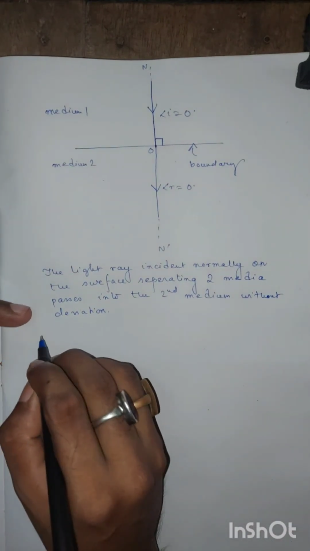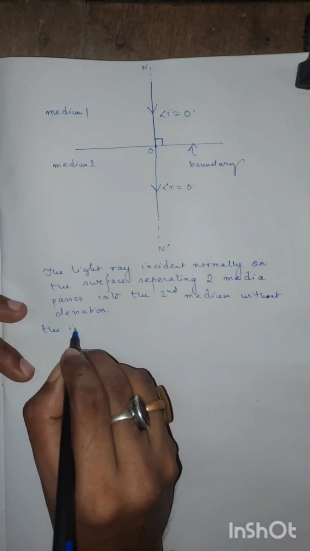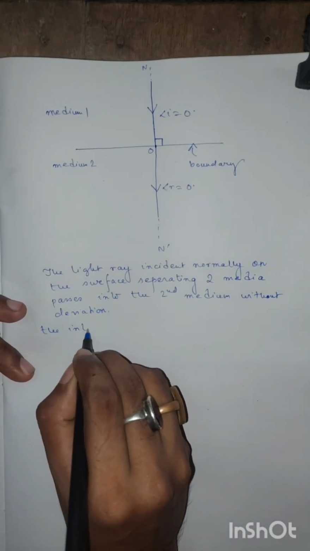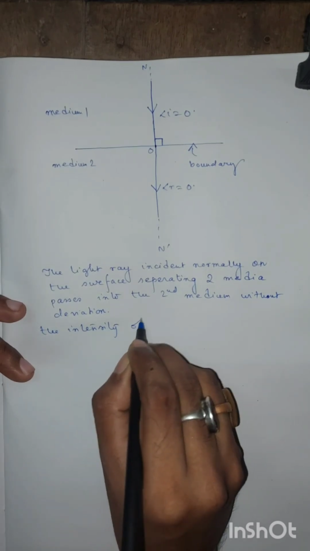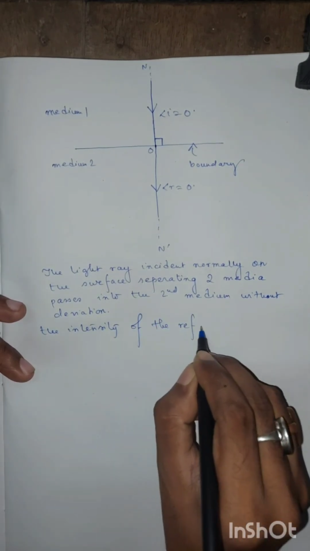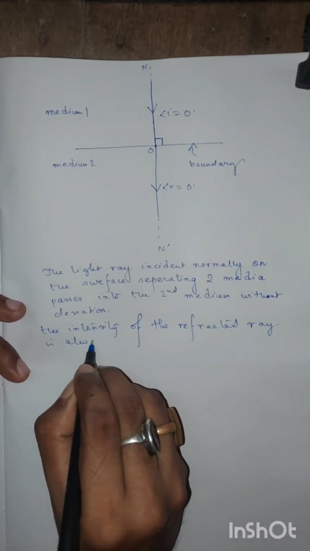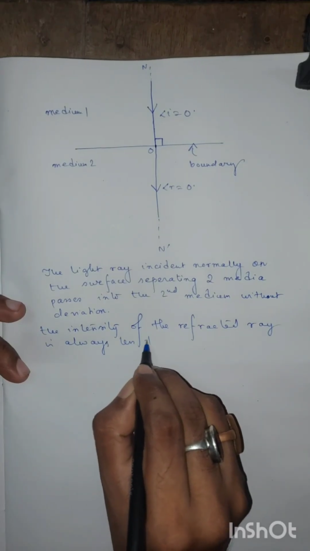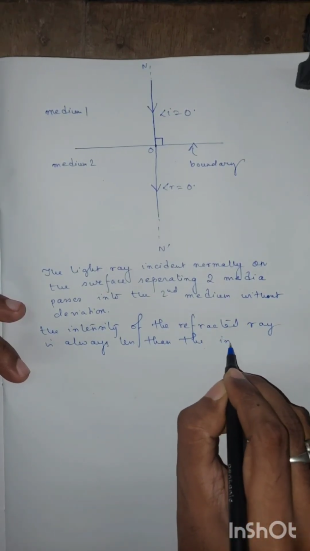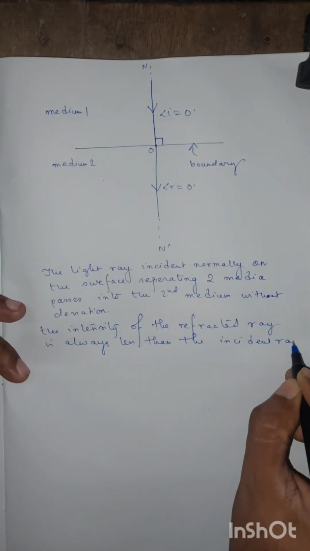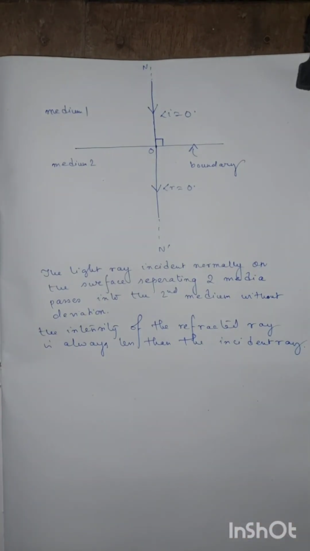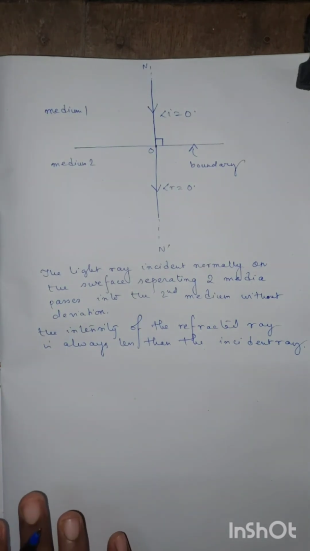And we should remember that the intensity, that means the energy of the refracted ray is always less than the incident ray, because the energy contained in the incident ray gets divided into three parts. So these are the points we should remember.